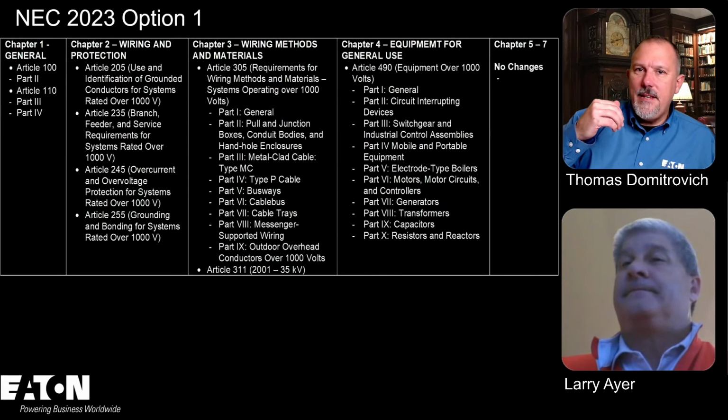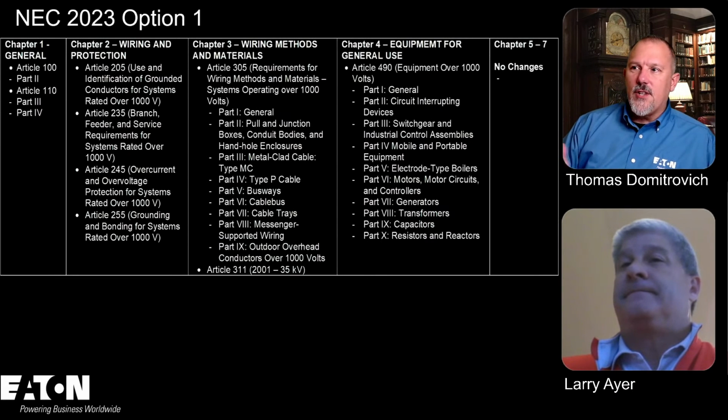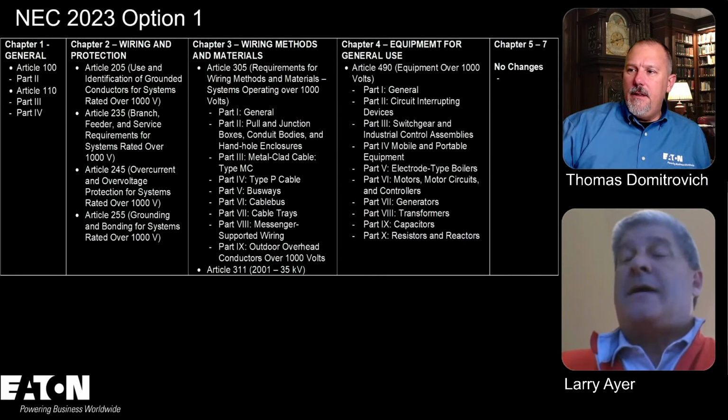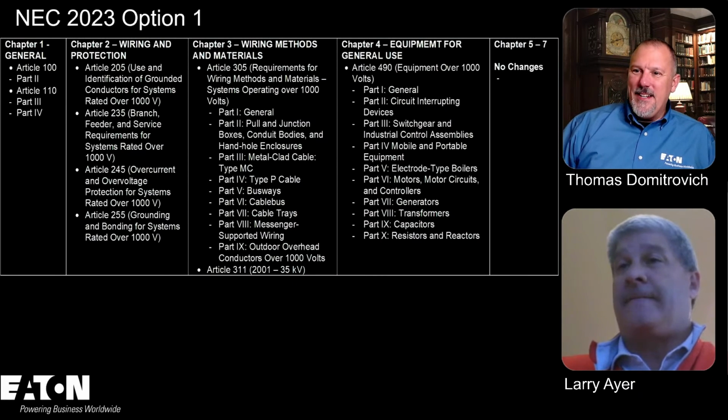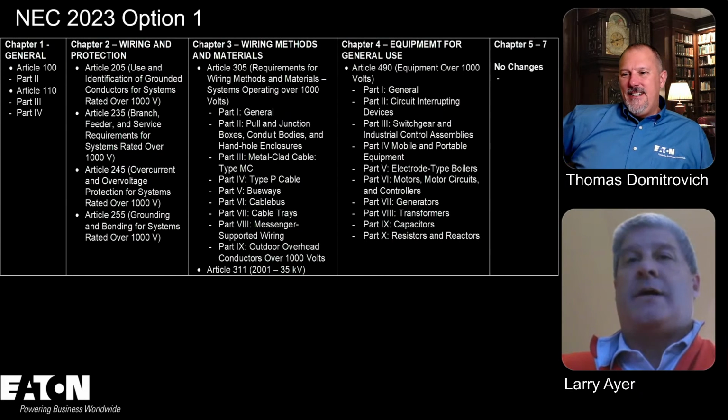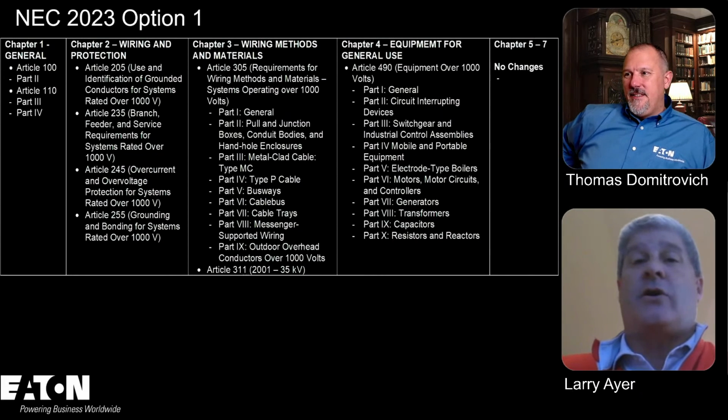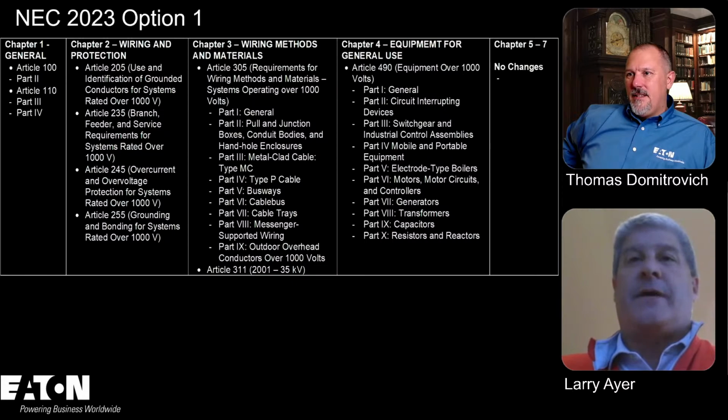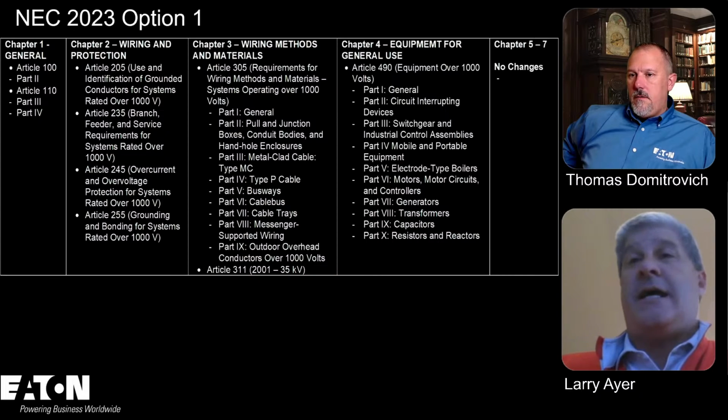I guess this task group went through 3 different options on how to deal with this, right? They went through about 7 options, to be honest with you, and they looked at a whole bunch of things. There were recommendations on putting information in an annex, telling people where the stuff is located. They discussed adding medium voltage experts to each code making panel.